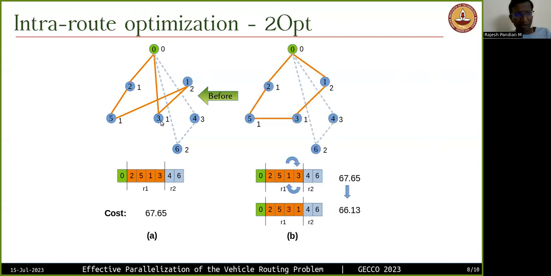We use 2-opt to remove the crossover. Right? We reverse the sequence of edges in the crossover to eliminate this intersection. Thereby, the intersection is removed. More importantly, when the intersection gets removed, our cost improves as well.